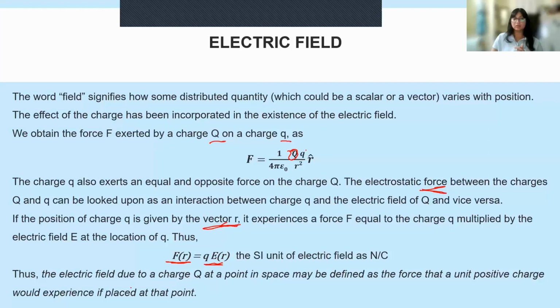Similarly, for the electric field, in a similar manner we can find a force that is related to the charge big Q. So that is why we say the electric field due to a charge Q at a point in space may be defined as the force that a unit positive charge would experience if placed at that point.